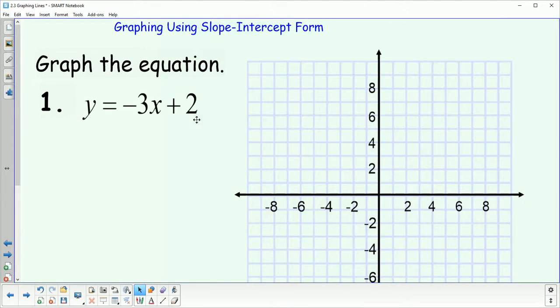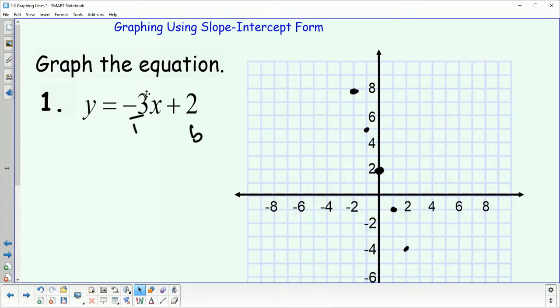In our example, we already said our b value is 2, and that's what we want to start with. So I'm going to plot a point at 2, and we adjusted the slope to say it was -3 over 1. So I'm going to go down 3, right 1, and then I could do that as many times as I want. I could go down 3 and right 1 again. We can also do the opposite. So instead of going down and right, we can go up 3 and then left 1, up 3 and then left 1.